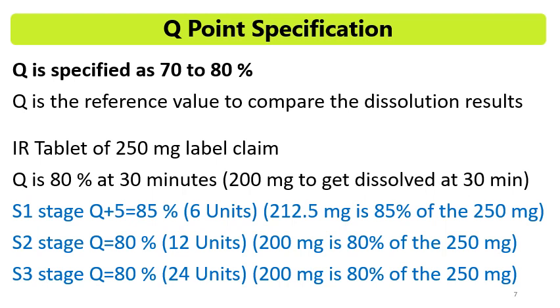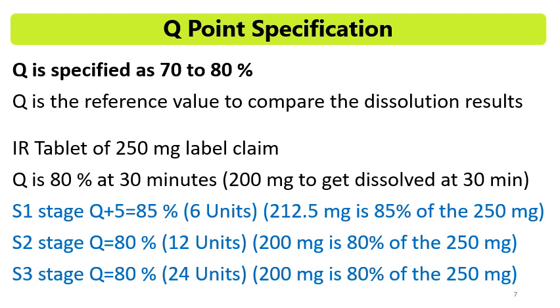Here focus is required 100% to understand this thing. If you are setting a dissolution specification and if you are giving a Q point of not less than 80%, then 80% is your reference value, and you will compare the percent dissolved or percent release at that specific time point with 80%.